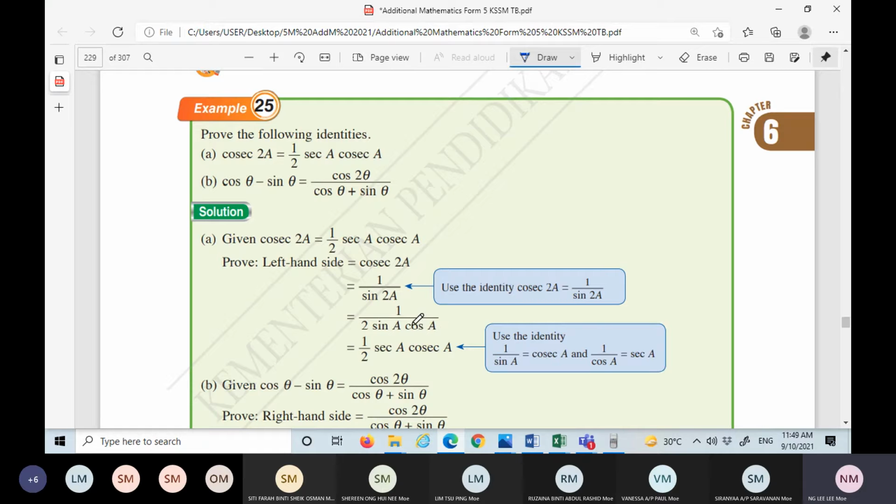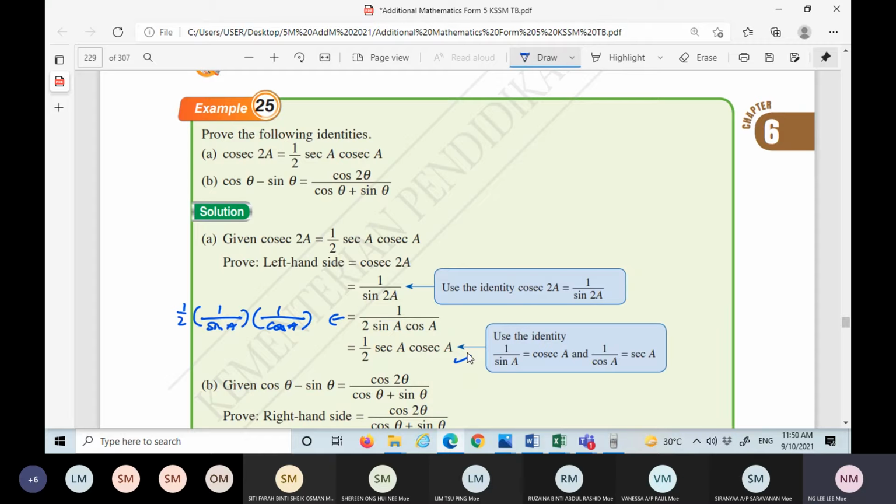Now compare this with the right side, you can see the 1 over 2 already. So it breaks into 1 over 2 times 1 over sine A times 1 over cos A. 1 over sine A is cosecant, 1 over cos A is secant. This is how we get the answer on the right hand side. So this is for question A.